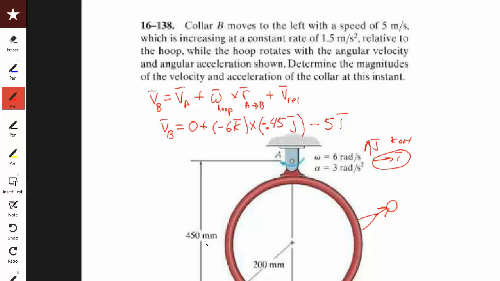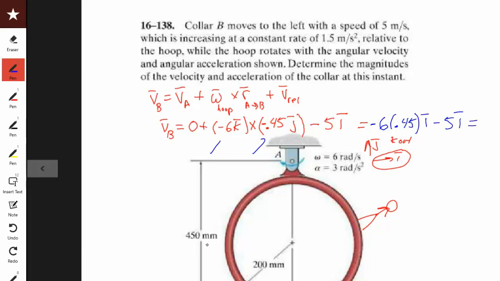Okay. So let's punch this out. So the velocity of B is equal to, I'm going to want to do the cross products, I'm going to bring the negatives out with the number. So this is going to be 6 times 0.45, whatever that is, positive, and then K cross J is going to give me a negative I, minus I. So I do the cross product, and then I have another minus 5I.